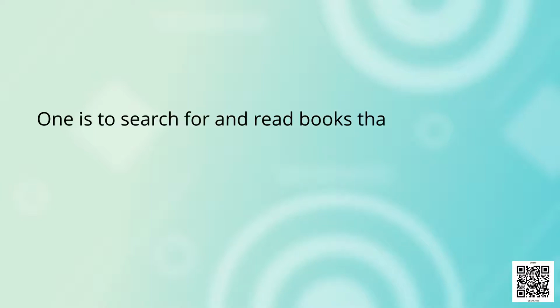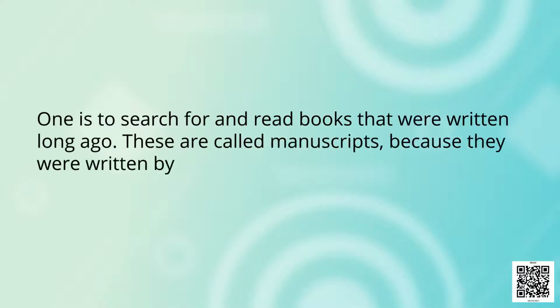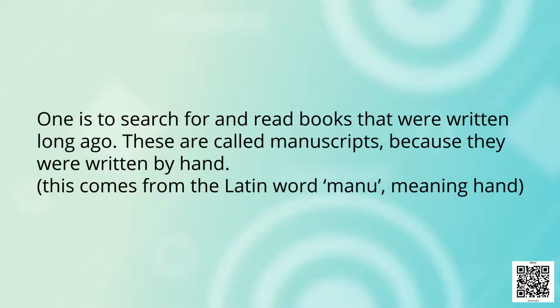Now let's see, how do we find out about our past? There are several ways of finding out about our past. One is to search for and read books that were written long ago. These are called manuscripts because they were written by hand. This comes from the Latin word manu, meaning hand.